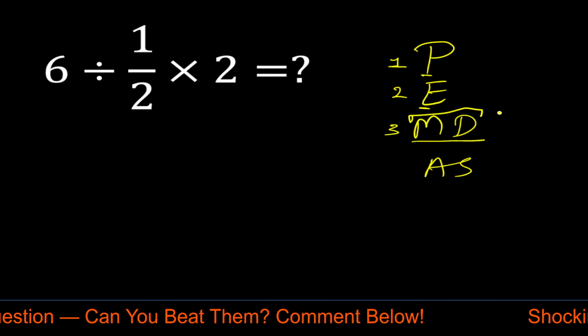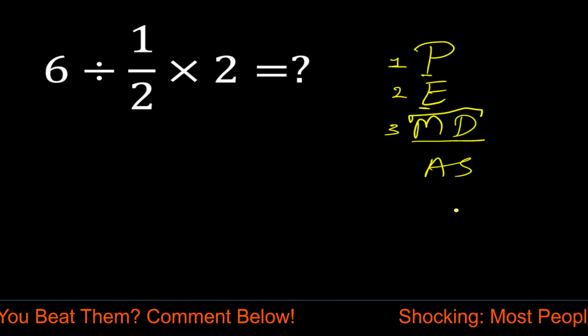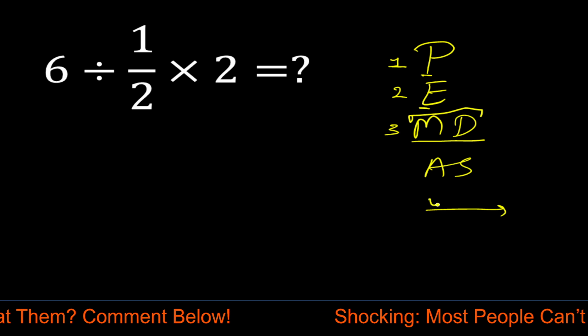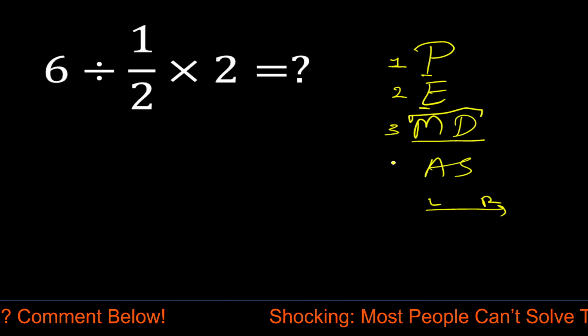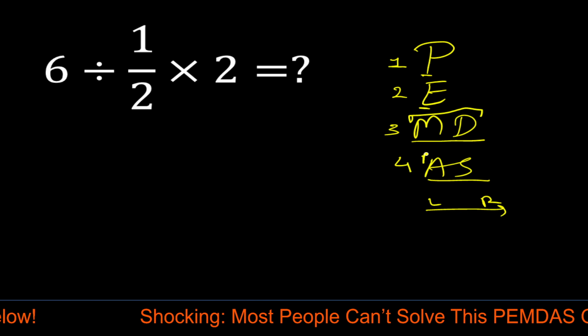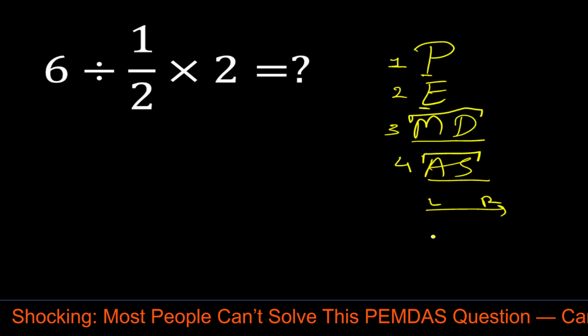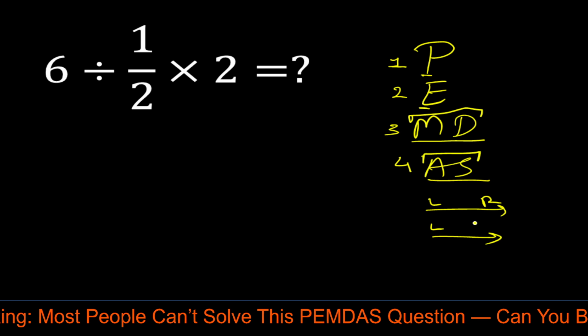Here multiplication and division both have equal priority, so we have to solve it from left to right. Then fourth and last priority is addition and subtraction.